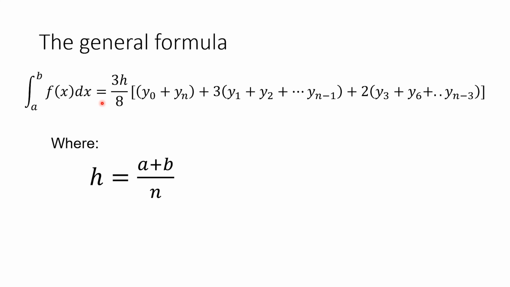It can be solved using this general formula: 3h over 8 multiplied by the function of y sub 0 plus y sub n, plus 3 times the sum of y sub 1, y sub 2, up to y sub n minus 1, plus 2 times the sum of y sub 3, y sub 6, to y sub n minus 3, where h is equal to b minus a all over n, where n is the number of intervals that we'll be using.